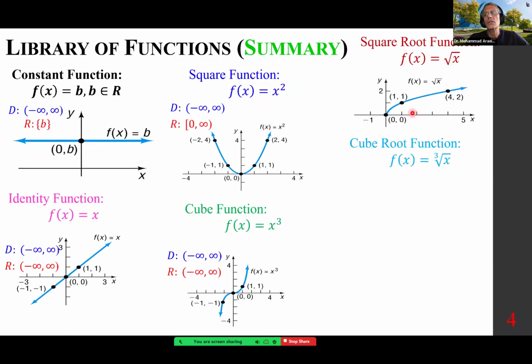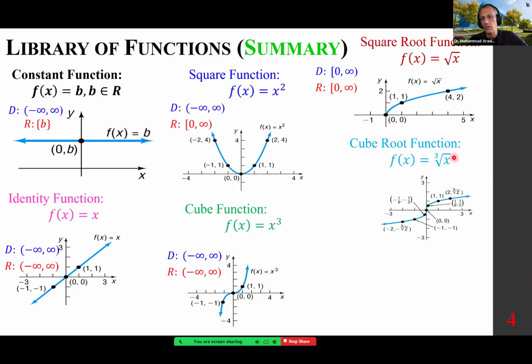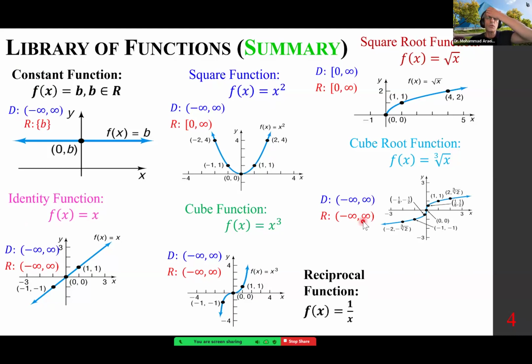F of x equals square root of x, the square root function, has domain and range from 0 to infinity. For the cube root function, f of x equals cube root of x, domain and range are all real numbers, from negative to positive infinity. When it comes to the reciprocal function, f of x equals 1 over x, we have a vertical asymptote, which is the y-axis, and a horizontal asymptote, which is the x-axis.